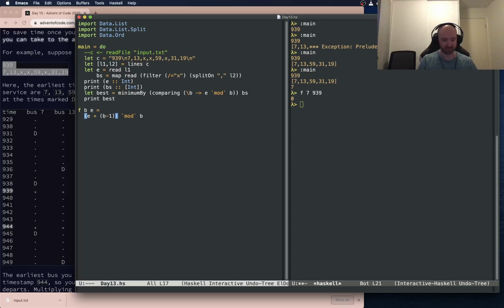Let me think about this a bit further. We can do this the slow way so we don't have to panic too much. We can say if E mod B is 0, then it's exactly E. Otherwise, it's B times, otherwise it's E div B. So that's the number of buses we would miss, plus E, I think.